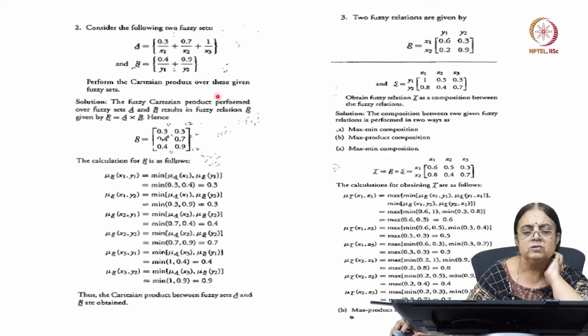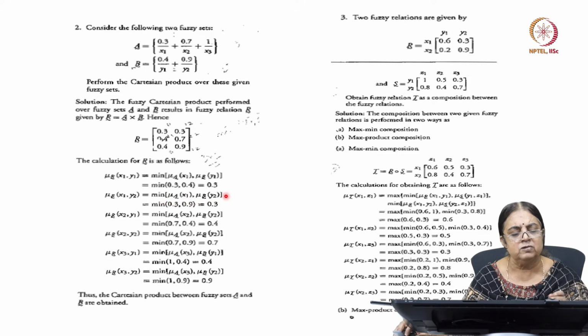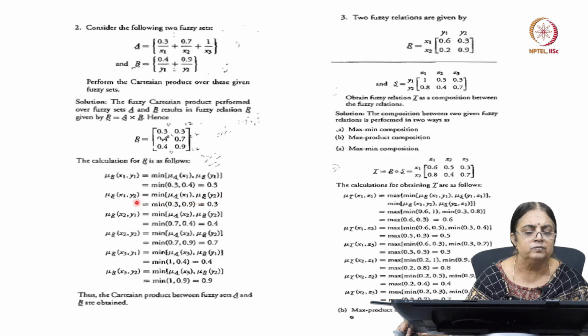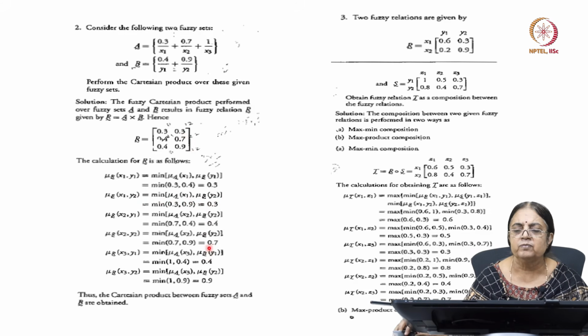You take the appropriate values and put them into the relationship. Similarly, mu R of x1 y2 will be the minimum of mu A of x1 and mu B of y2. That gives you the next value, 0.3, etc. So you can obtain this.